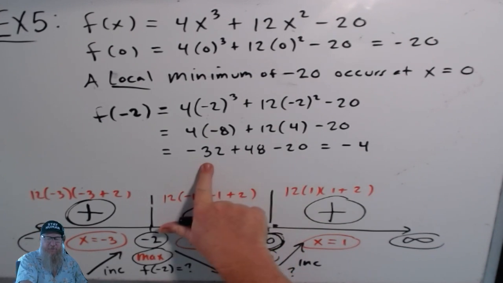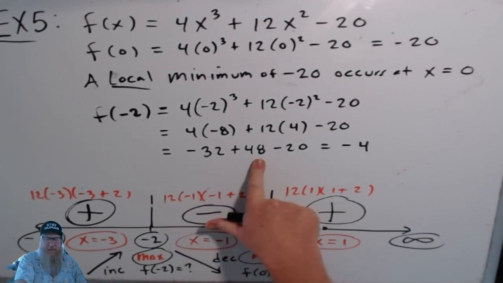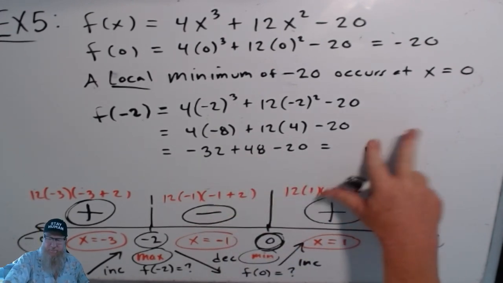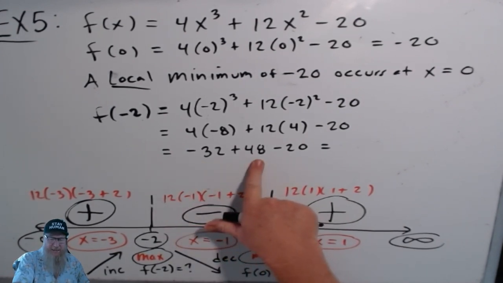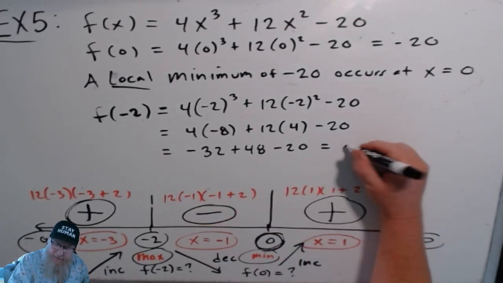Yeah. -32 plus 48 is... oh, wait a minute. No, not -4. -32 plus 48 is 16. 16 minus 20. Oh, it is -4.